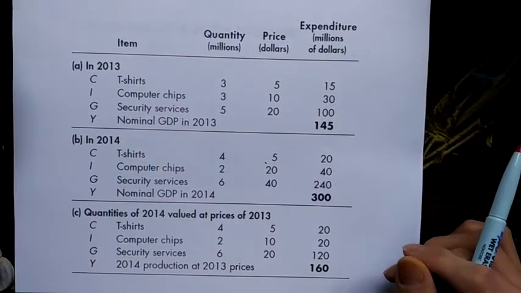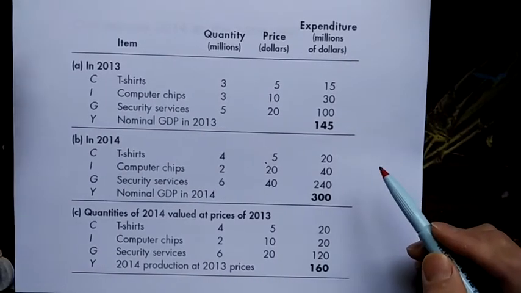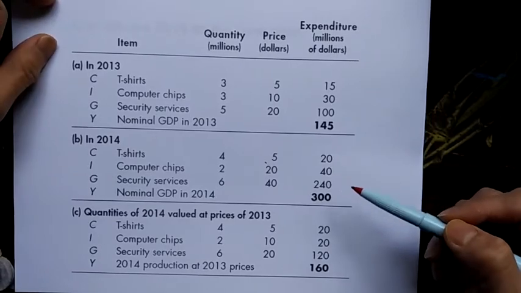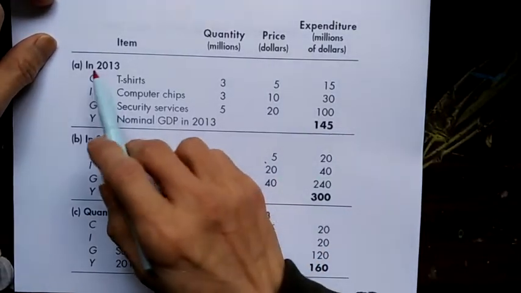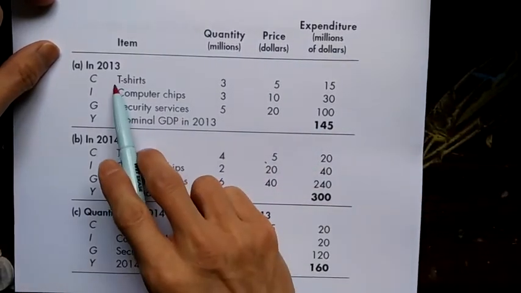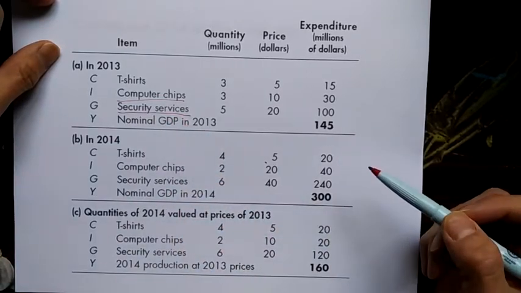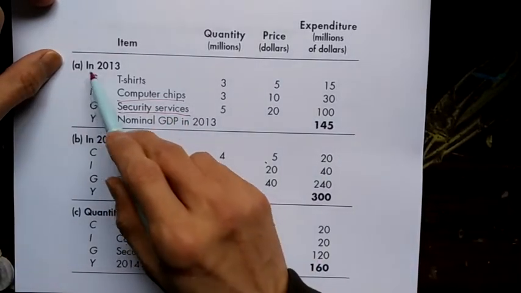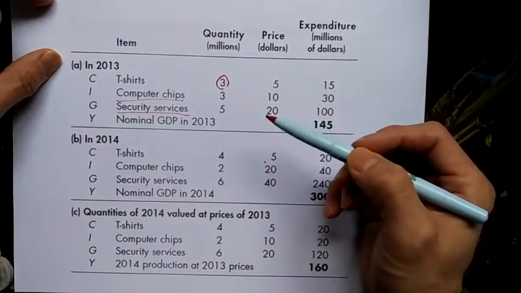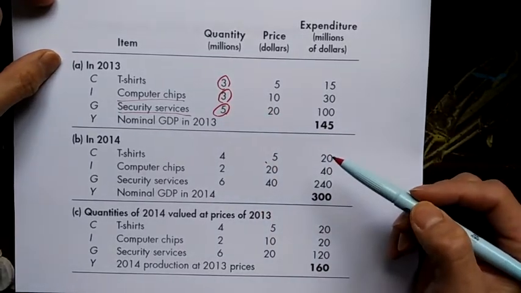Now, let's go through another example again. This time we have 3 goods. So this is an example in your textbook. Say in 2003, this economy produces 3 goods: T-shirts, computer chips, and security services. In 2003, this economy produces 3 T-shirts, 3 chips, and 5 services.